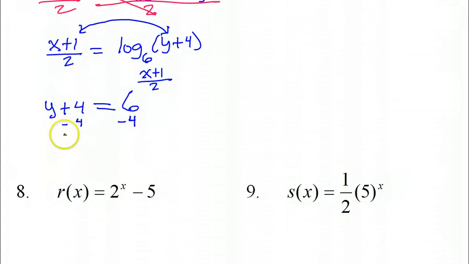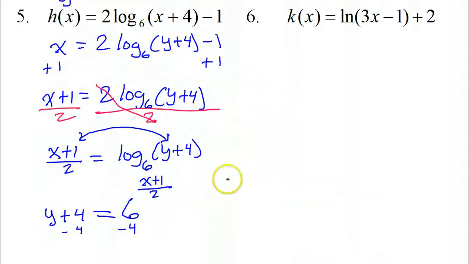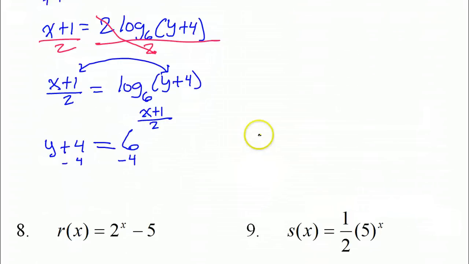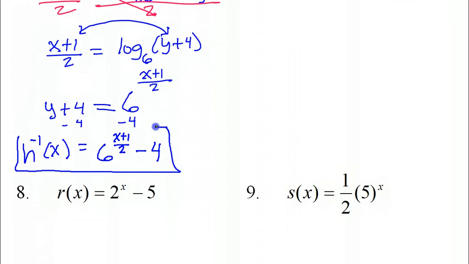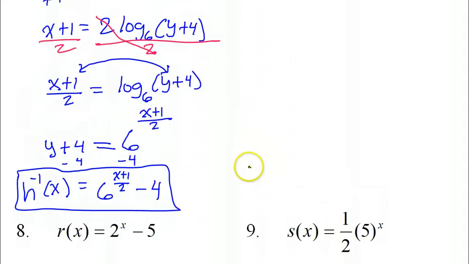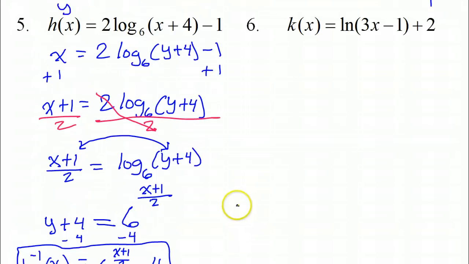So let's just look back and see, alright, this is function h. So I will write h inverse equals 6 to the x plus 1 over 2 power minus 4. Alright, that was number 5. Here comes number 6.